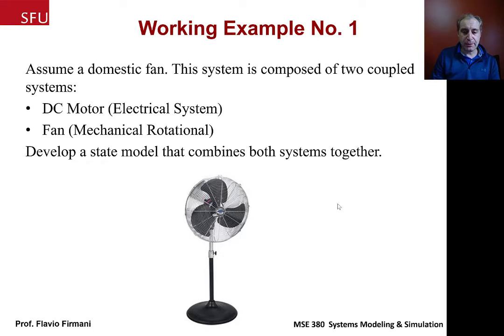The first example, which I'm going to record, is about a domestic fan where we have a DC motor, which is our electrical system that will turn, and we have the fan, which is the mechanical rotational system. We're going to develop the state model for that.